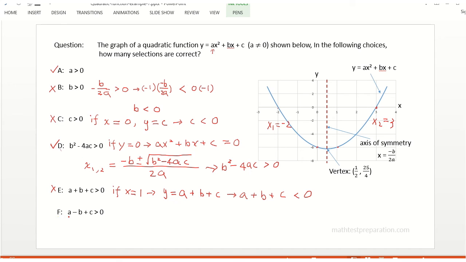Now look at choice F. If x equals negative 1, y equals a times negative 1 squared. Negative 1 squared is positive 1, and positive 1 times a is a. Negative 1 times b is negative b, plus c.